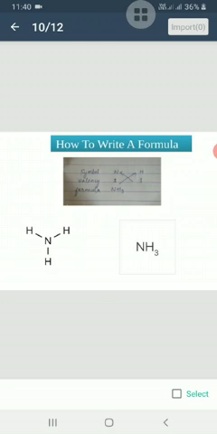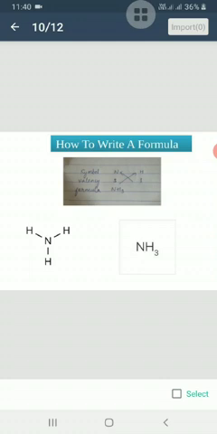Like we have to write the formula for NH3, so we will write the symbol of nitrogen, that is N. After that we will write the symbol of hydrogen, that is H.